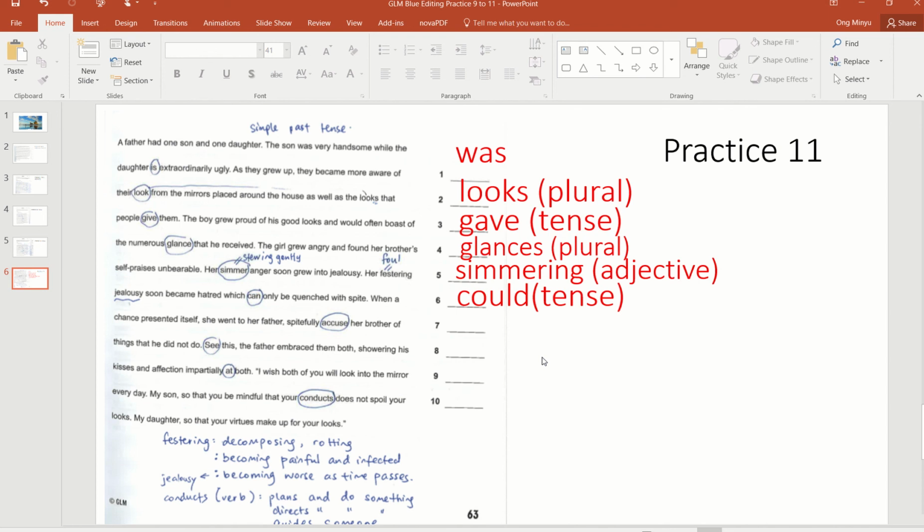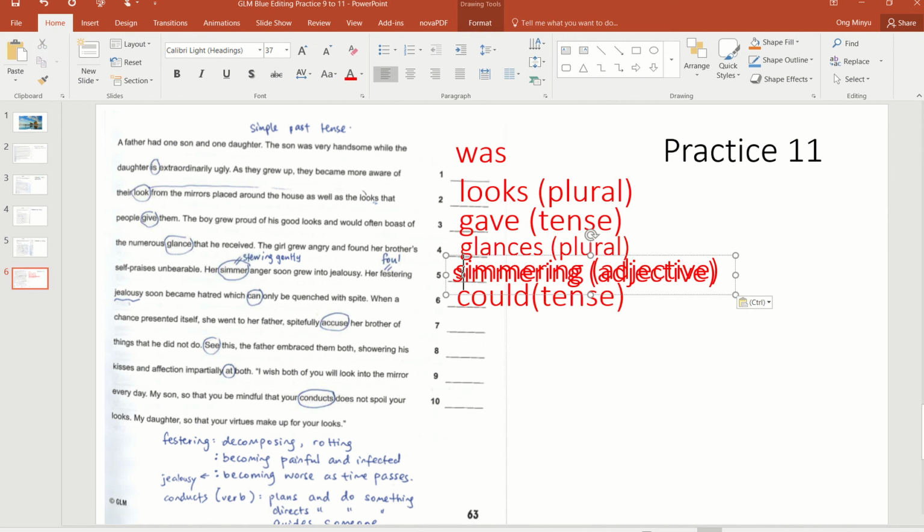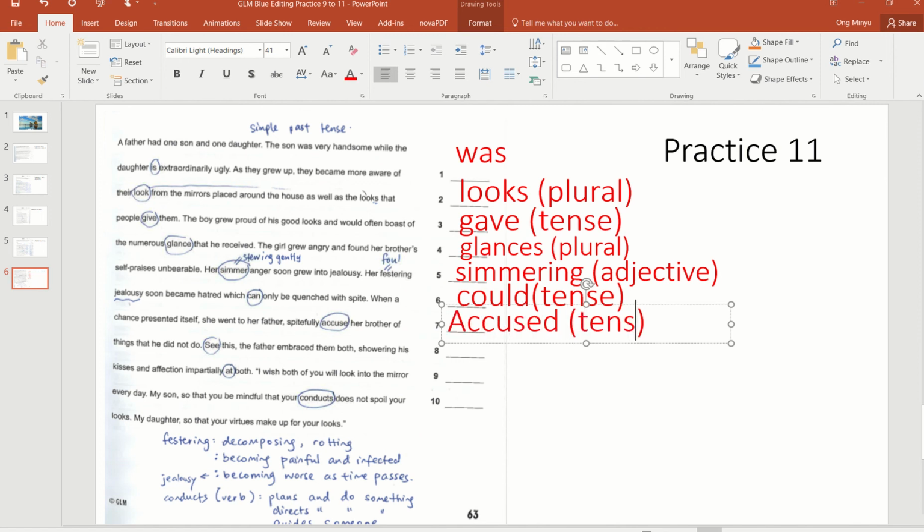Accuse is the mistake because this part of the story tells of events that have happened, so it should be accused with a D. Small a again. Tense mistake.